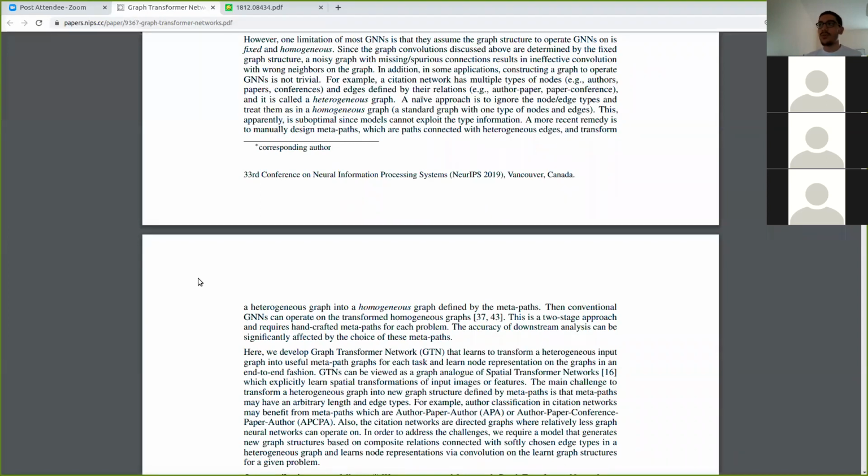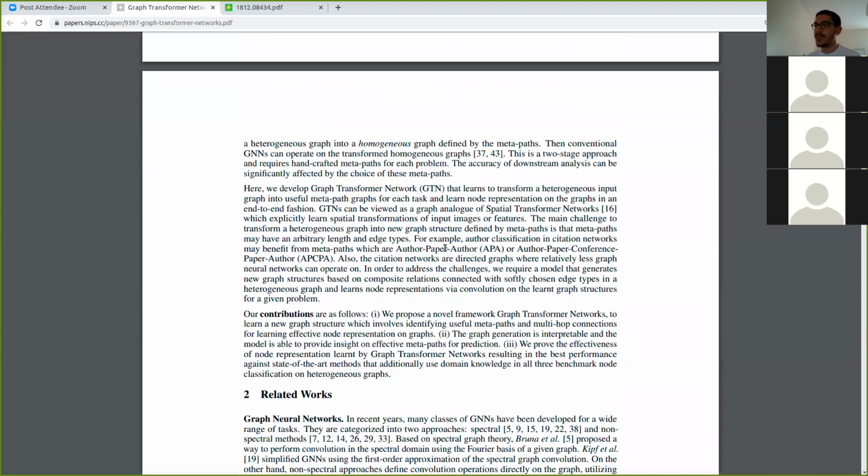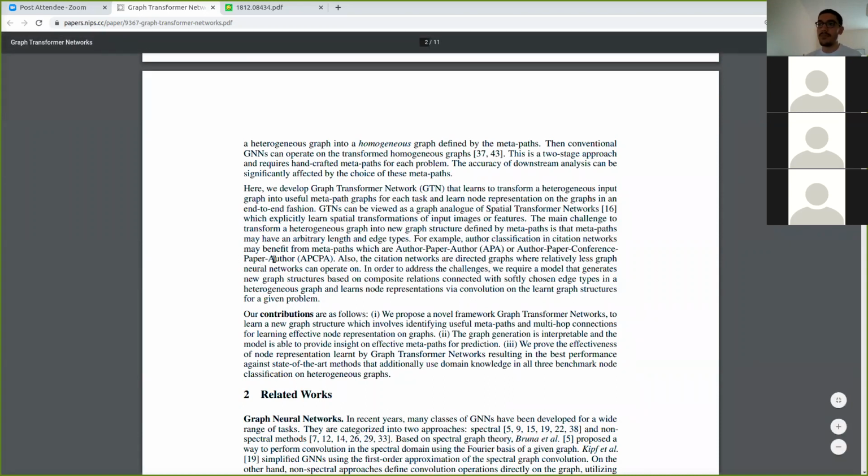They say that metapaths in the past have been manually designed. As an example, for a citation network, if the problem is author classification, you might define the author-paper-conference-paper-author metapath, where you have a collection of graph structures connecting these types of nodes together in this way.